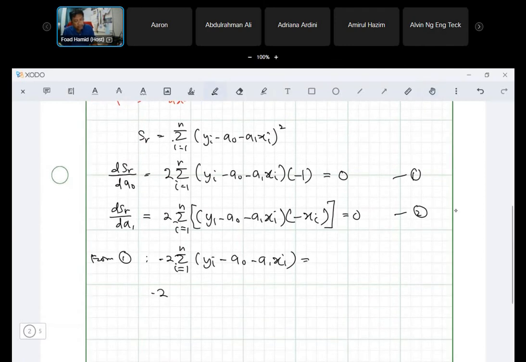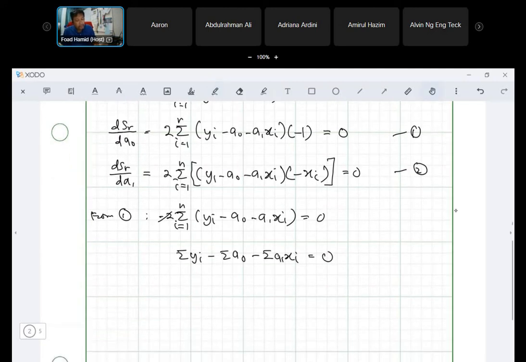Because the thing is equal to 0, this can cancel out, right? So now what we have is the summation of yi minus the summation of a0 minus the summation of a1 xi, and this should equal 0.